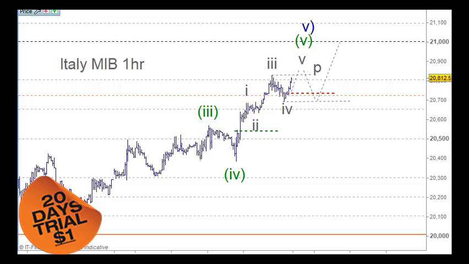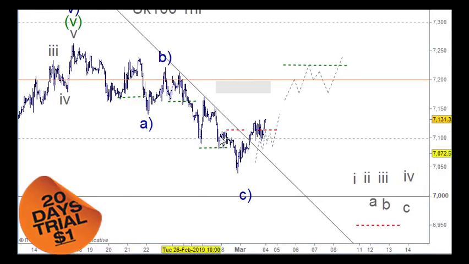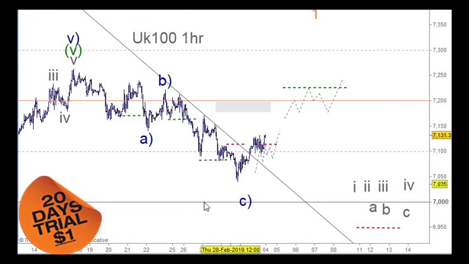And of course the UK market, which is a slightly different pattern because it's been trending down. In this case, we've got a correction that could be finished, because we're looking at this as the A wave here, the B wave here, and then we can count 5 waves down here, which should be 1, 2, 3 and 4 here, and then the 5th wave has got 5 waves in it.